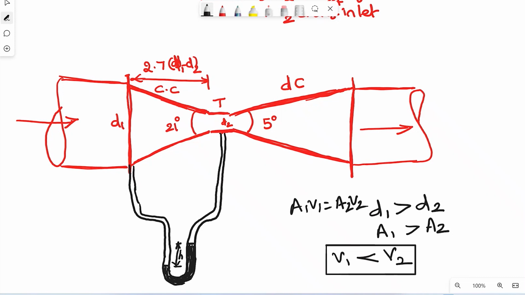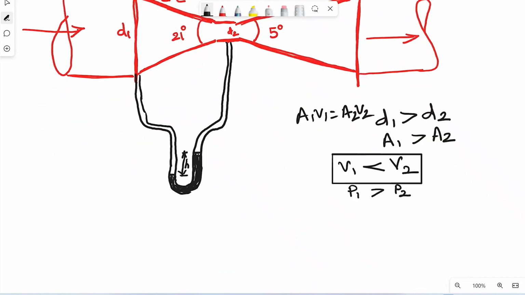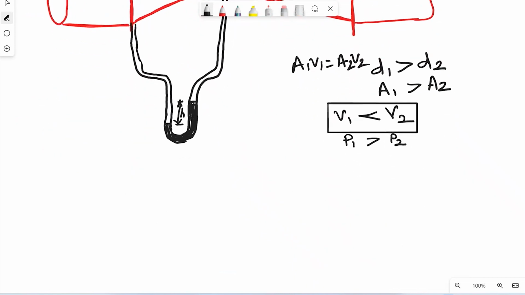So remember, as V1 is less than V2, P1 is greater than P2. Because P1 is greater than P2, this is how the liquid is being pushed. This is some manometric liquid.